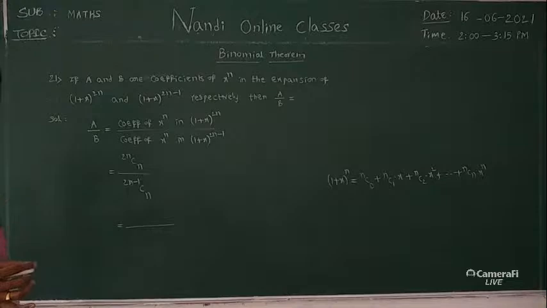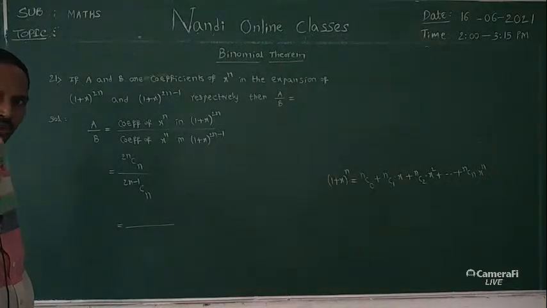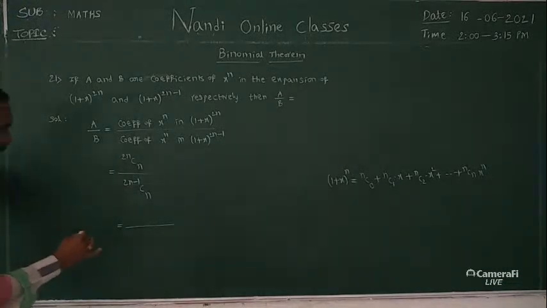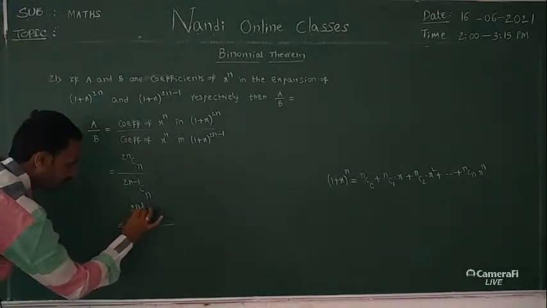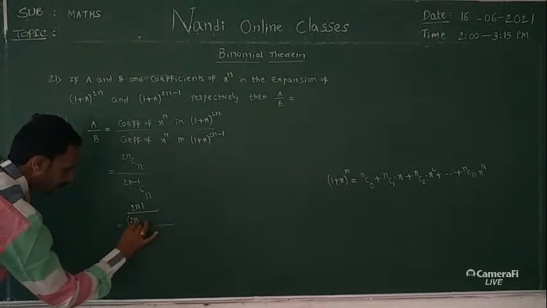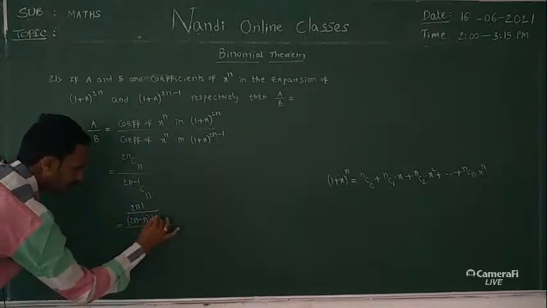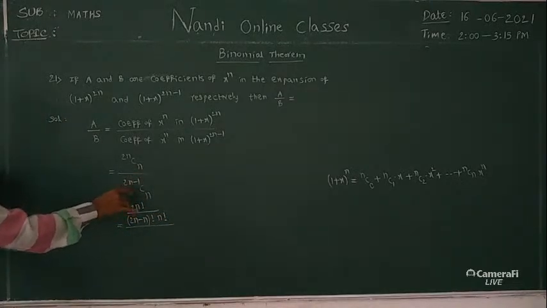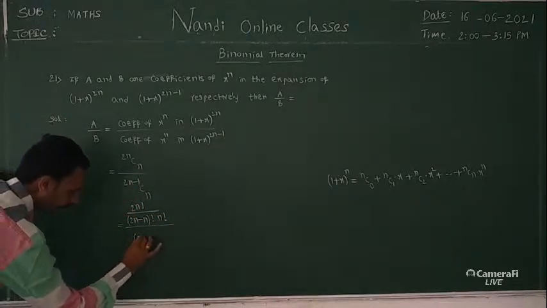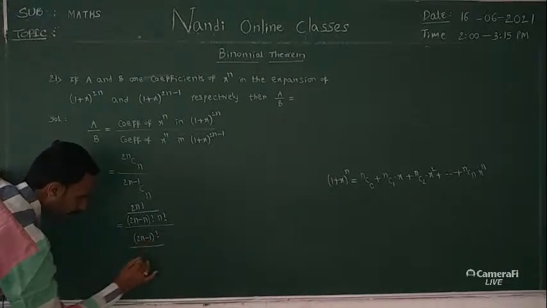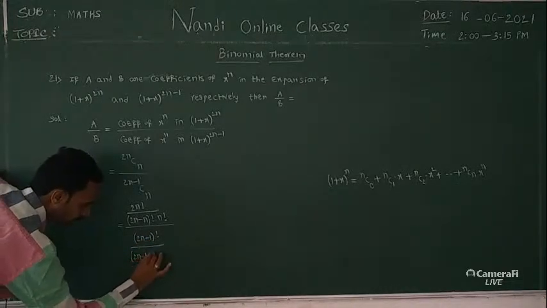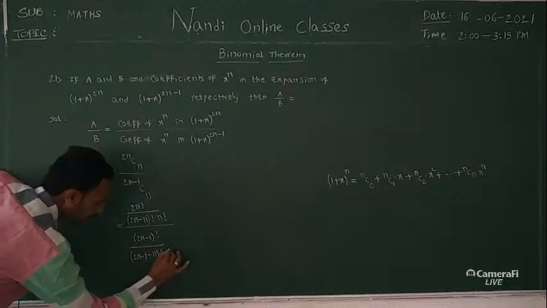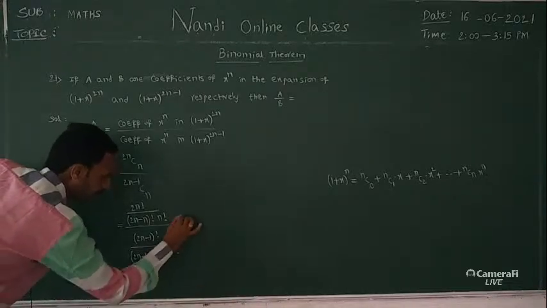nCr formula is n factorial by (n minus r) factorial into r factorial. So apply the nCr formula: 2n factorial by (2n minus n) factorial into n factorial. The denominator is also the same form: (2n minus 1) factorial by (2n minus 1 minus n) factorial into n factorial.